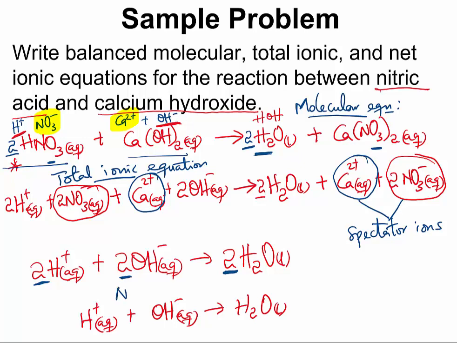This is the net ionic equation, which is essentially what we call the neutralization equation. Because if you interpret this equation properly, hydrogen ion, which represents the acids, is combining with hydroxide ions, which is representing the base, to give us water, which is neutral. So the acid and the base are neutralizing each other to give us a neutral water molecule.